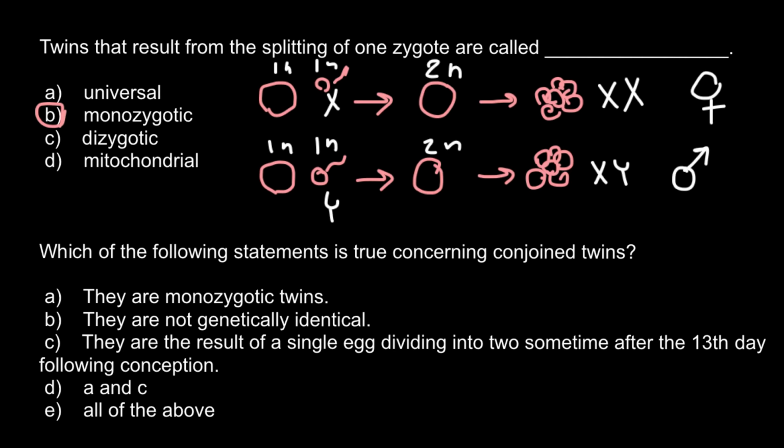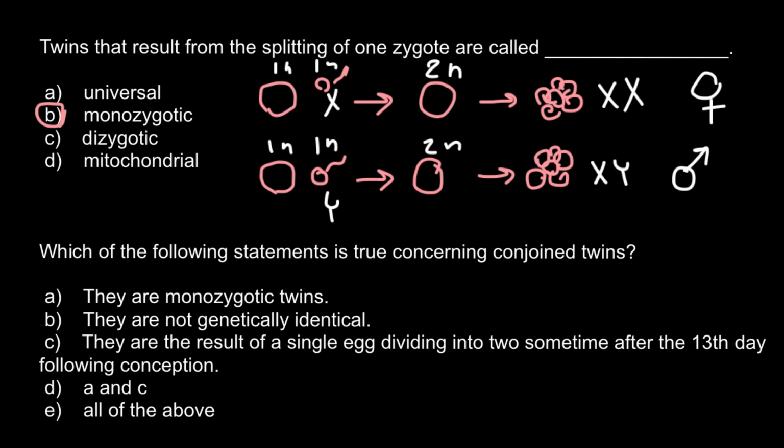So let's consider answer A. They are monozygotic twins, and of course they should be monozygotic twins, because if they were dizygotic twins, as you see here, these twins are genetically not the same. And that means they cannot share internal organs, or even be attached to each other, because they would have an immune response.